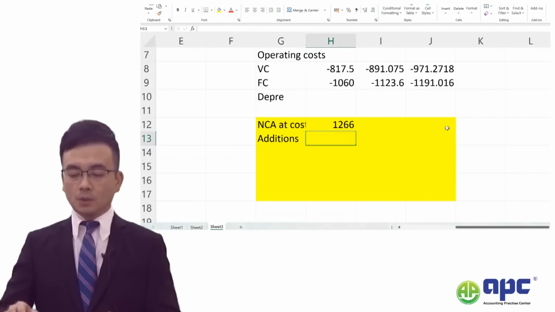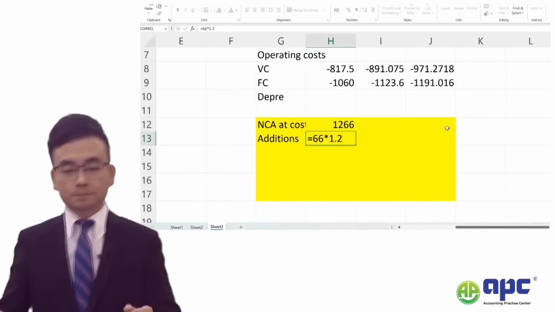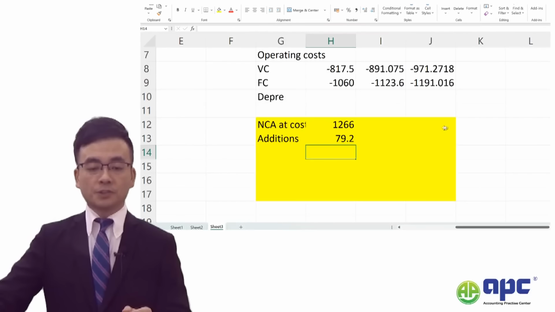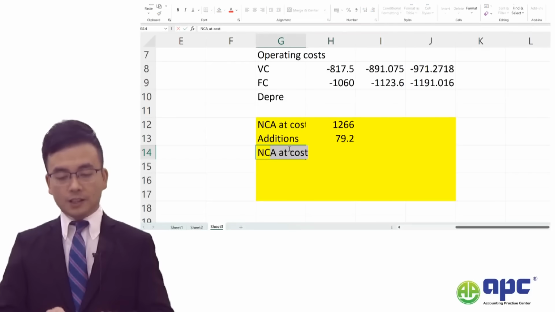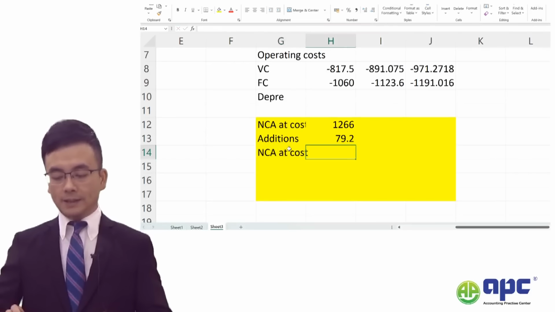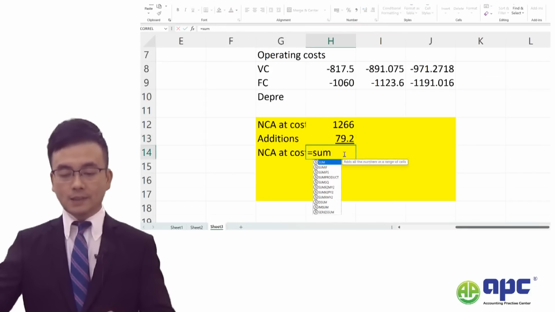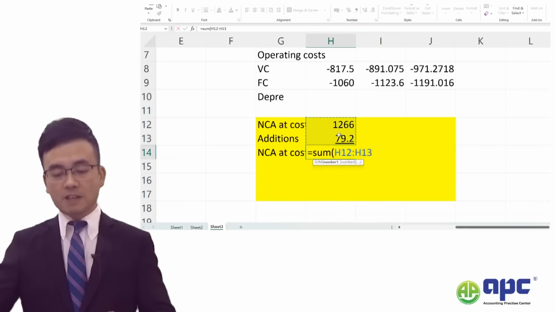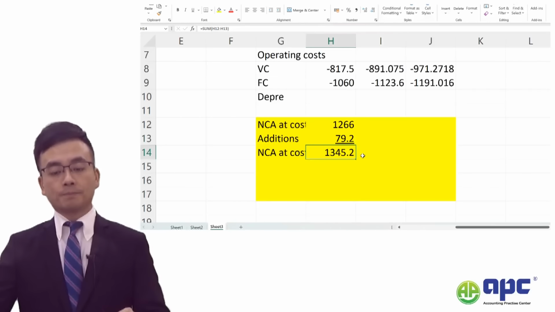So that's why we take 66 times 1 plus 20%, which means 1.2 here. And that will be 79.2. And that being the case, we've got the non-current asset cost in the end. So we underline this, clicking the U button, and then sum these down. And that will give me the non-current asset cost, 1345.2.